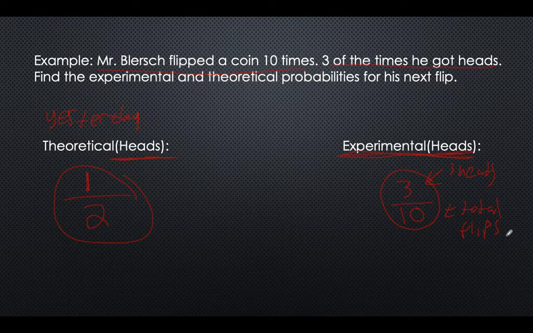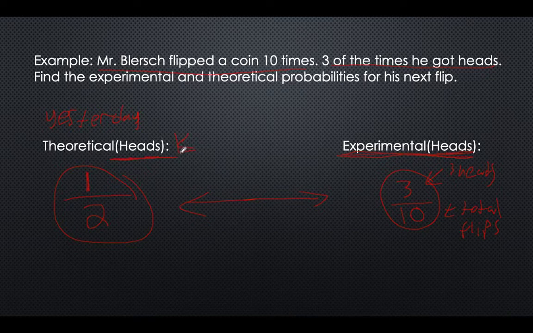Okay, so that's experimental probability. It's different than theoretical. It doesn't have to be the same, right? If you flip 10 coins, if it's 50-50 theoretically, you should get 5 heads, 5 tails. But anyone who's flipped 10 coins knows that doesn't always happen. You can get 10 heads or 10 tails or 4 heads and 6 tails. There's so many different possibilities. Just because it's theoretical doesn't mean it has to happen that way.